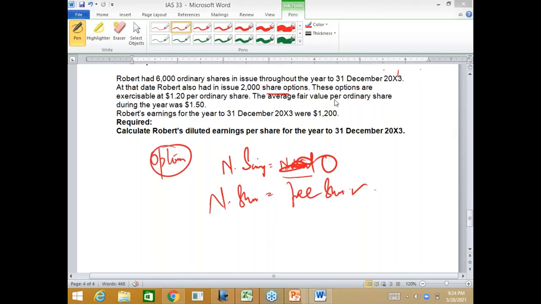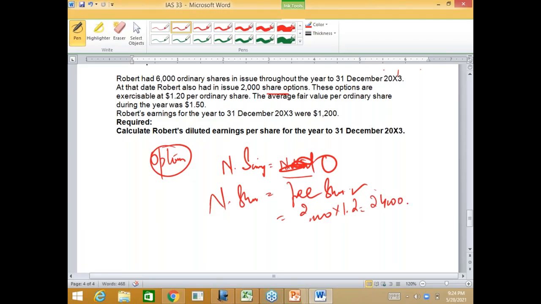Now let's solve this question. Through the options, the company has issued 2,000 shares, and these shares are exercisable at a value of 1.2. At an investment of 2,400, you get 2,000 shares.